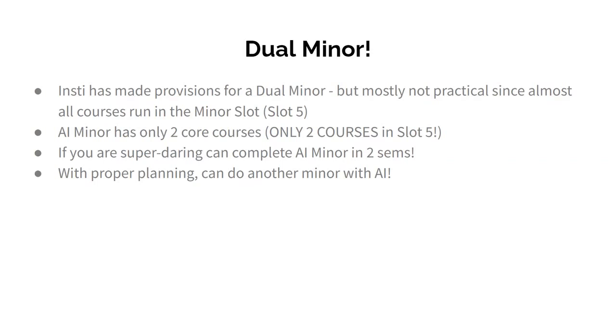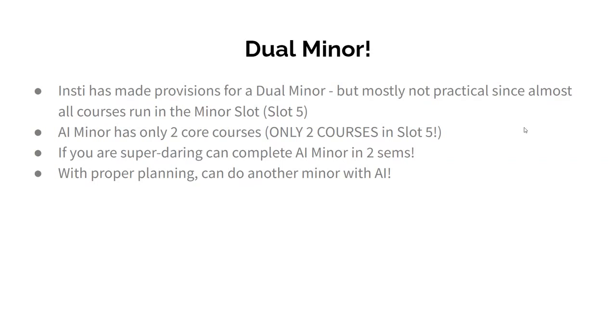You can use that free slot 5 to take up other minor courses which run in slot 5. And of course, if you're super daring, you can complete the AI minor in 2 sems, precisely because you have 3 electives to do. You can do DS203 in 1 sem and either 1 or 2 electives, and then in the next sem you can do DS303 and the remaining 2 or 1 electives. That is completely your choice.